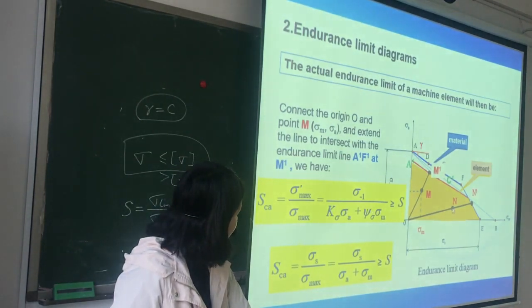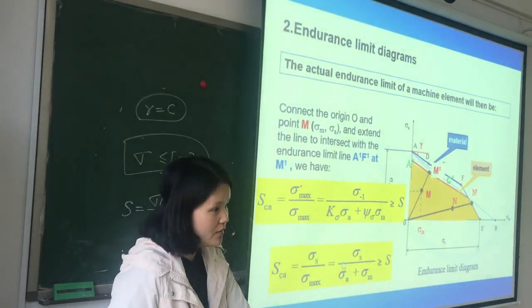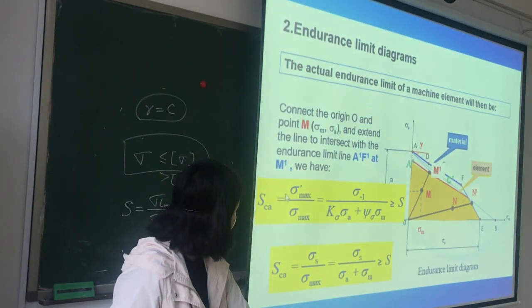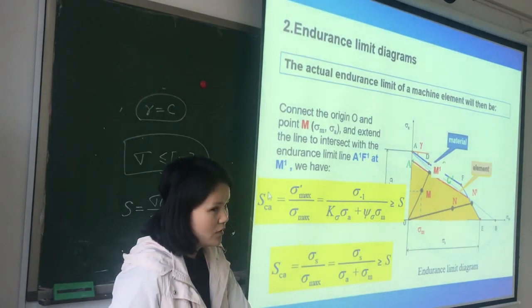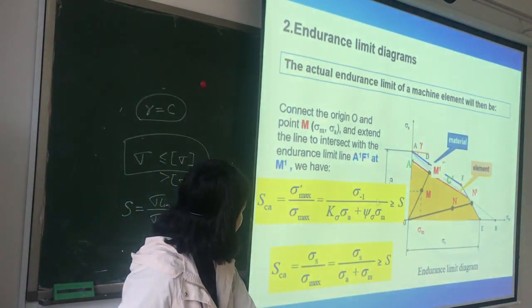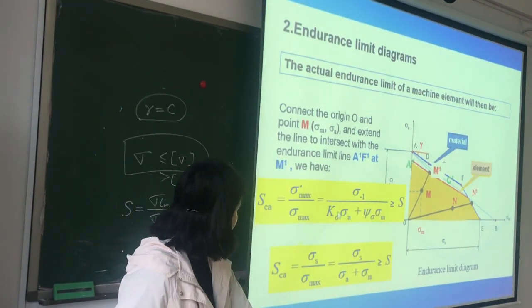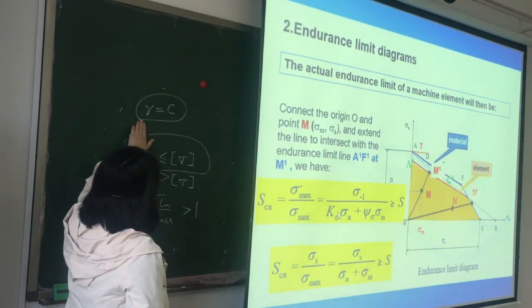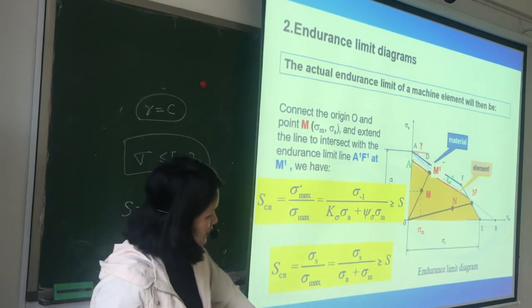If it intersects with line N1E, we use this equation to calculate the safety factor. And both of these two conditions are for R constant.